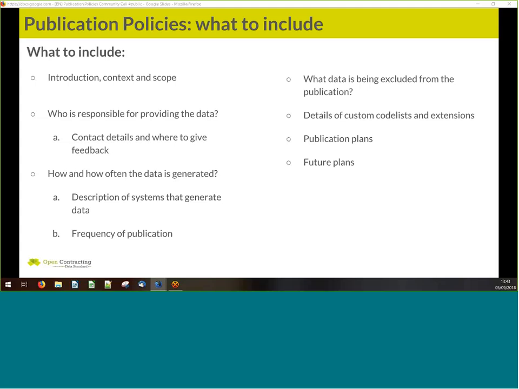Some information about how frequently and the process that's used to produce the data. Information about what's excluded from the data. Any details of any custom code lists or extensions, so anything that's different to the core OCDS schema. And then also information on your plans for publication and future plans, so how the data might change in the future.